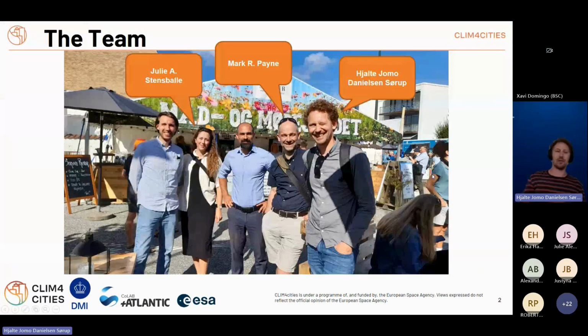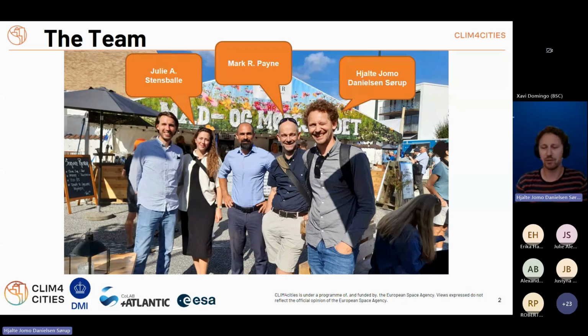First of all, even though I'm the one talking, we were a team doing this user engagement. So I will just briefly mention my two colleagues, Julie and Mark, who are the core team around the Danish Climate Atlas. And this work was very much done in collaboration with them, since we are connecting this to what we already have.